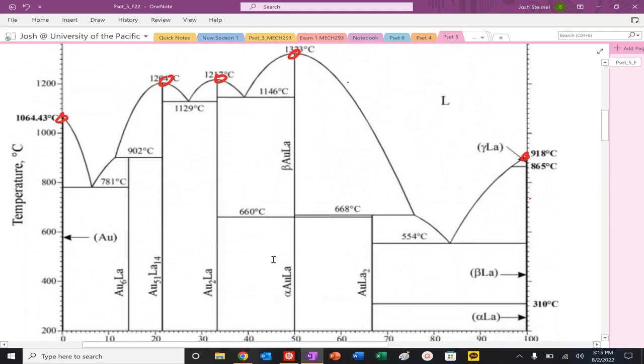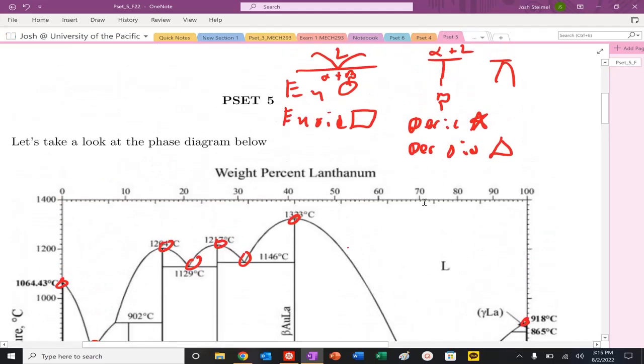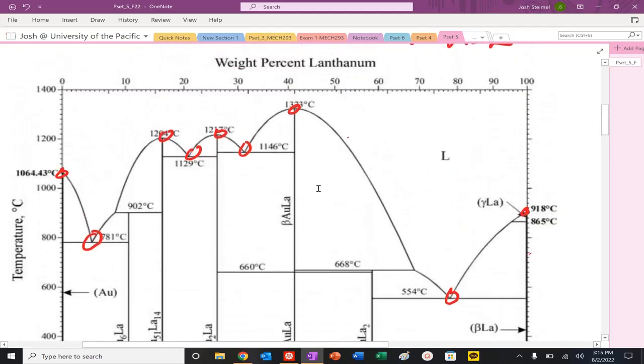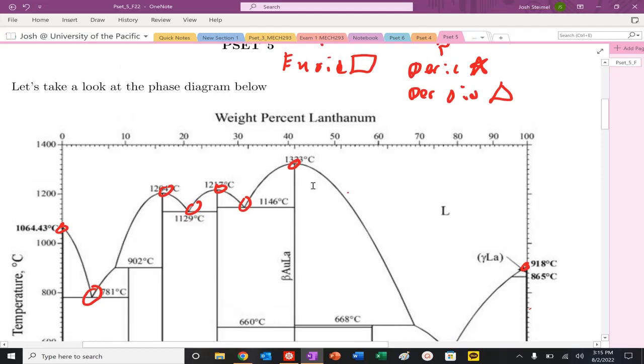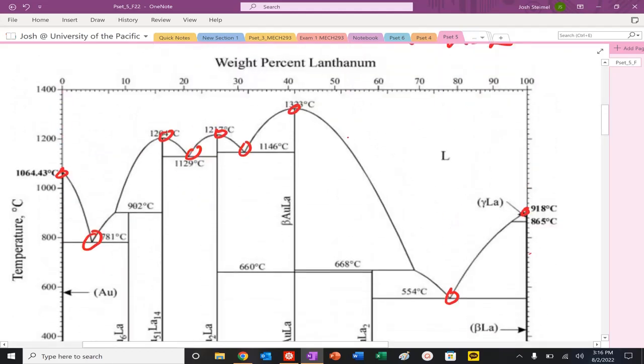Now I'm going to just do eutectics. Here's a eutectic, two-phase region, liquid to two-phase solid region, eutectic, and eutectic. So those are all of my ics, effectively. Now let's see if there are any eutectoids. I don't see any. Those don't exist in this phase diagram. Peritectics, let's go ahead and count those out. Here's a peritectic right here, so it's a star.